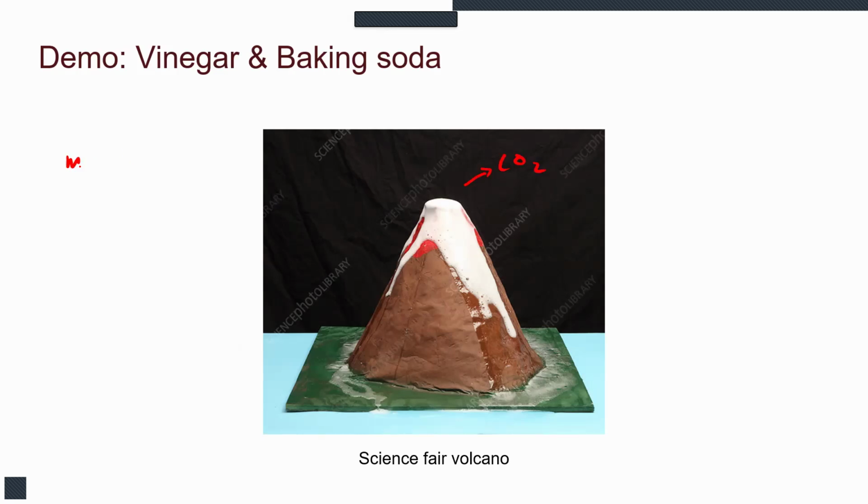If you took the mass of the baking soda and the mass of the vinegar, that is going to be equal to the mass of the CO2 and the liquid. In this specific reaction, the liquid that you make is water, so it's going to be the mass of the water that remains.